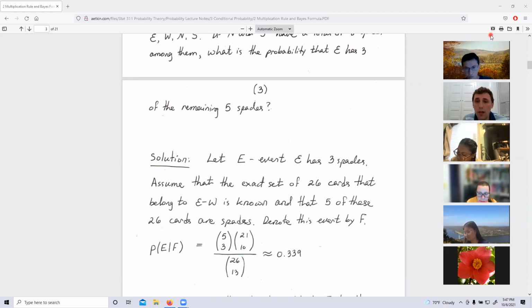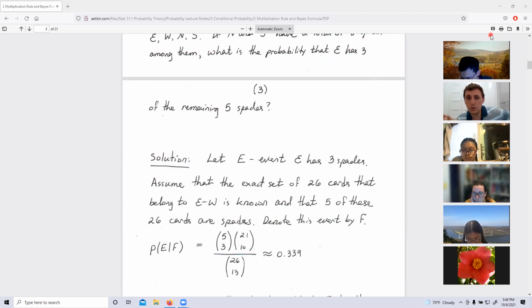But what we actually assume in solving this problem is that I know the exact cards that East and West have among them. So I imagine I know the 26 cards, among them 5 are spades, and I know definitely each card, which is much more than the information provided. And if that is the case, then for East to be successful, well, first of all, East can have any of the 26 cards.